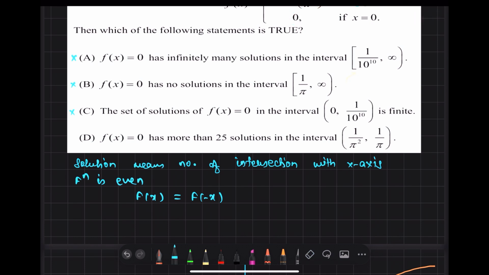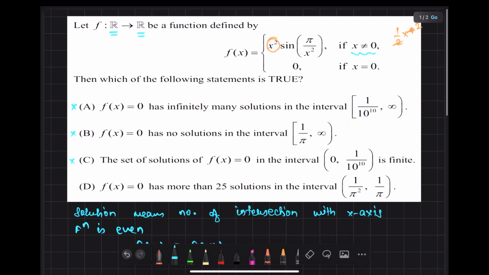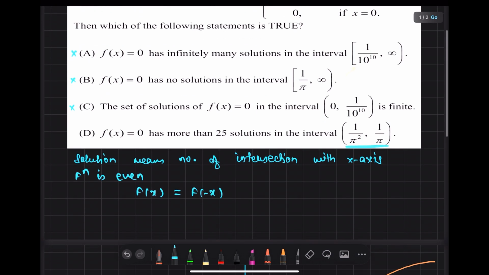Now look at the next choice. In the next option they are saying that f of x equals 0 has more than 25 solutions in the interval. Suppose the approximate value of pi is 3. So the interval is 1 by 9 comma 1 by 3, correct?